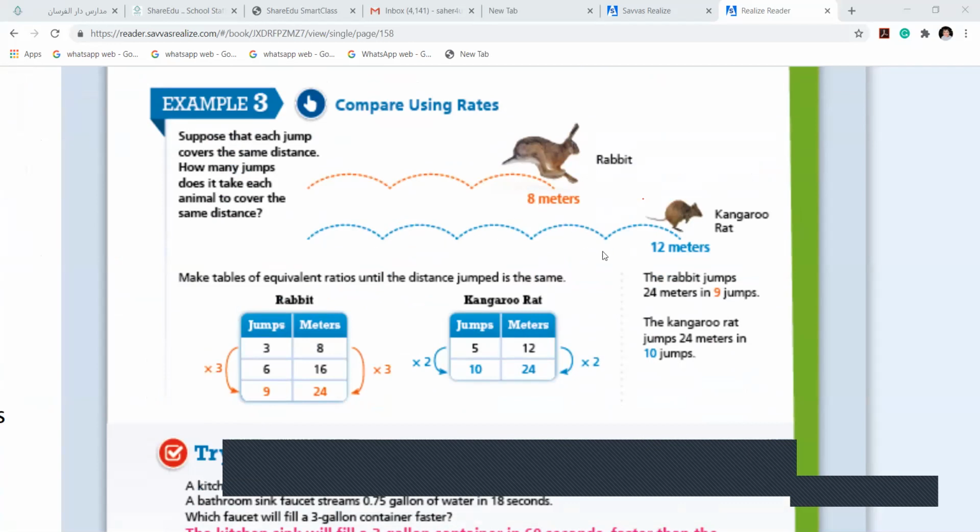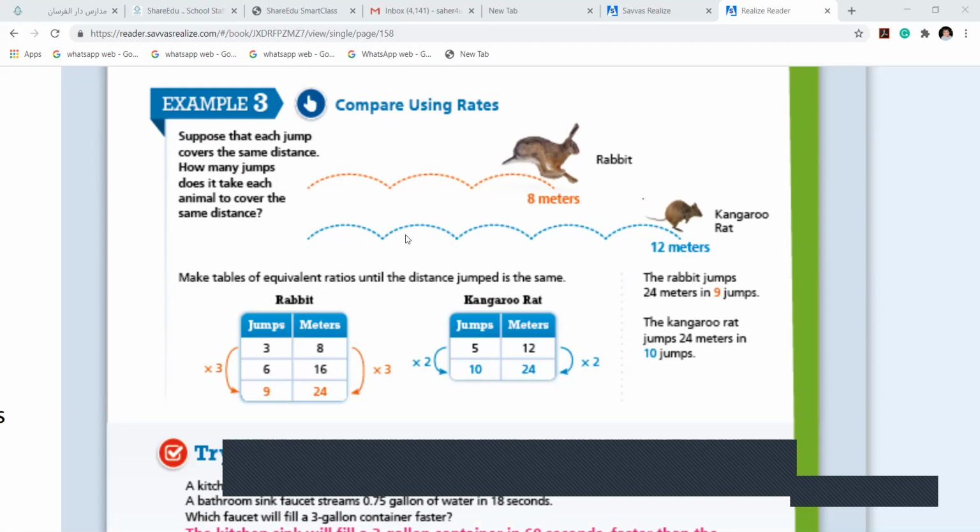See, 8 and 12. 8 meters, and he goes by 12 meters. How many jumps are there? 1, 2, 3. So with 3 jumps, he makes 8 meters.